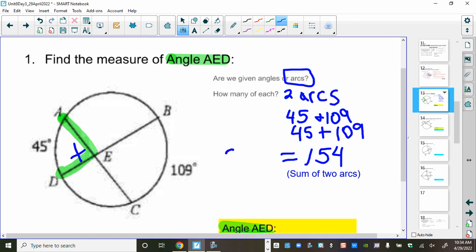Always for an unknown, make it an x. 2 times x equals 154. So we have to divide 154 to find x, right? Divide 154 by what to get it? 2. Yep. And that gives us 77. So angle AED, we're going to make it x.